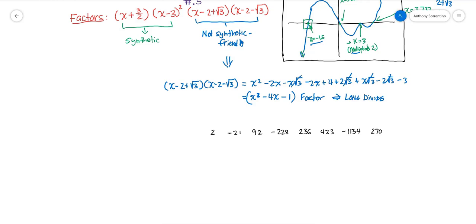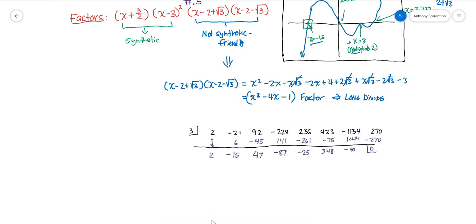I'm going to take care of the two 3s first. I'm going to do one synthetic division with 3. So that's the first synthetic division of 3. This would be a 6th-degree polynomial if I decided to write it out, but I'm not going to bother with that because it's of no use to me. Let's break it down further. I'm going to carry through another synthetic division of 3.